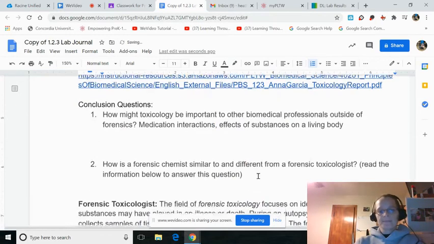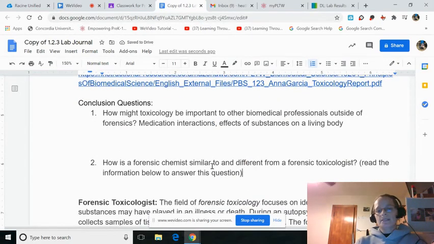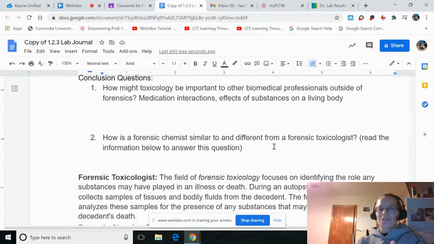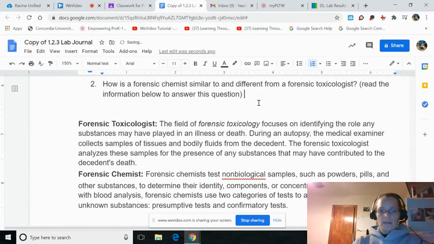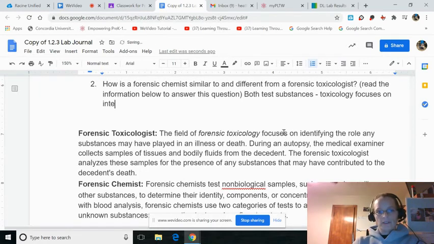There you go. So, how is a forensic chemist similar to and different from a forensic toxicologist? I have both of them here. So, forensic toxicology: substances, illness, and death. Non biological samples. So, both test substances. Toxicology focuses on interactions in human body.